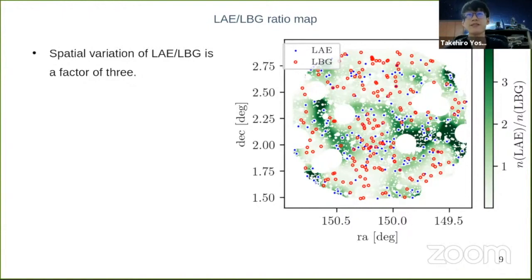I don't find any inconsistency with the reionization picture, but I think it's interesting that the LAE distribution and LBG distribution are different at almost the same redshift. I don't know if that's a clear answer to the question.